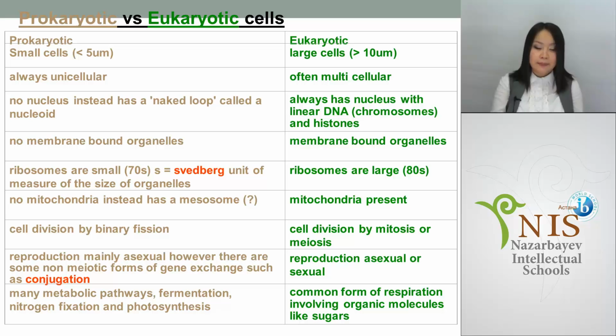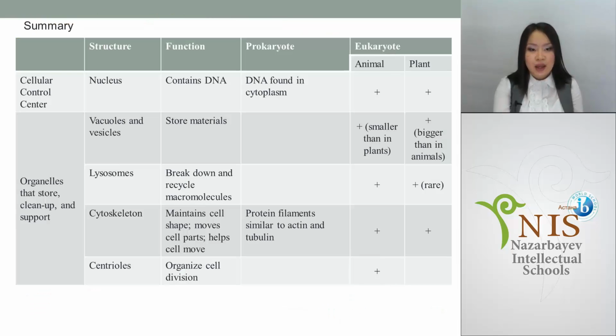Prokaryotic cells have many metabolic pathways: fermentation, nitrogen fixation, and photosynthesis. Eukaryotic cells have a common form of respiration involving organic molecules like sugars. This is the basic difference between prokaryotic and eukaryotic cells.